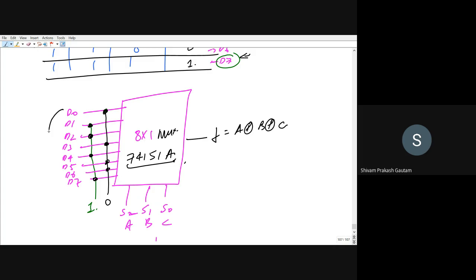So you can provide any input here and obtain any of the combinational or logic functions that you want to derive. For this case, we have drawn it for A XOR B XOR C. If you want to implement this logic, you have to provide input 1 to D1, D2, D4, and D7, and you have to provide 0 input to D0, D3, D5, and D6.